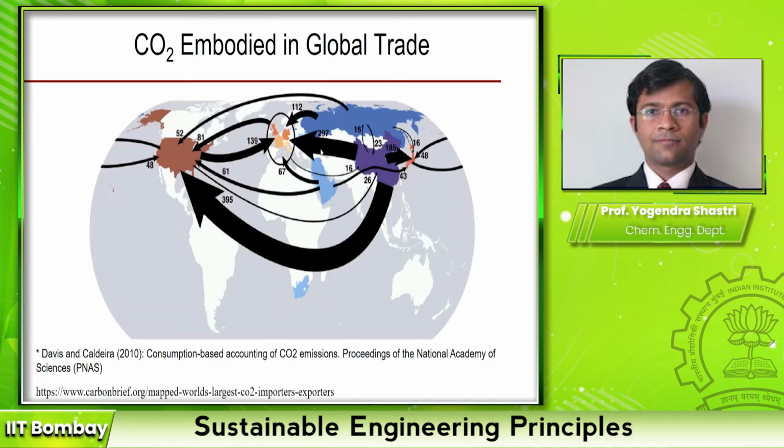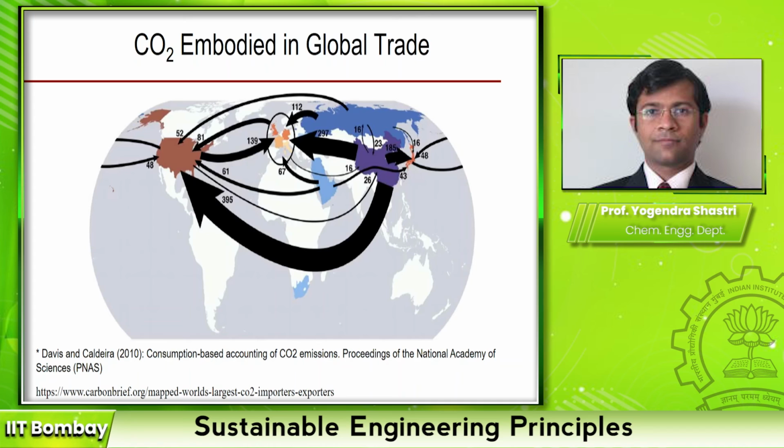And you see a similar kind of a situation between China and Europe also. There is a fairly thick arrow that goes between China and European Union. Now what this tells you is that although the direct emissions in China are increasing rapidly, as we saw on the previous slides, most of it is happening because of the manufacturing of products that are eventually consumed either in the European Union or the US.